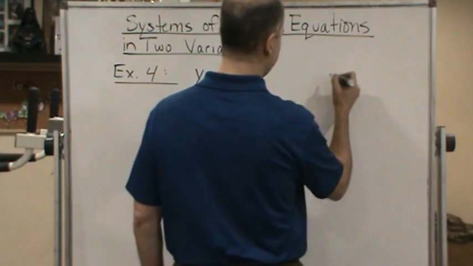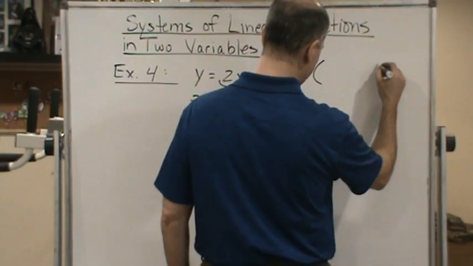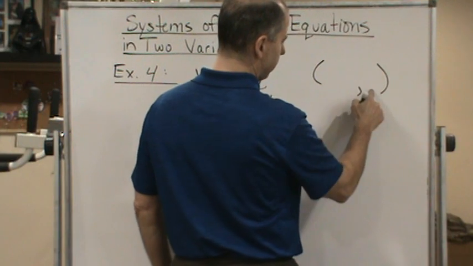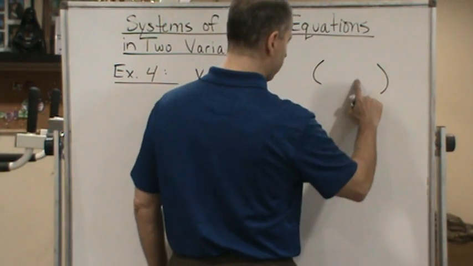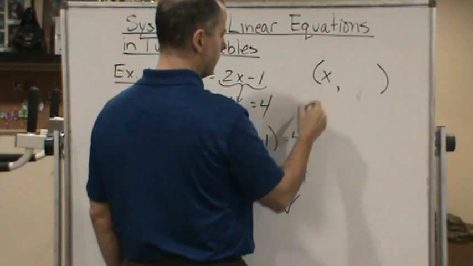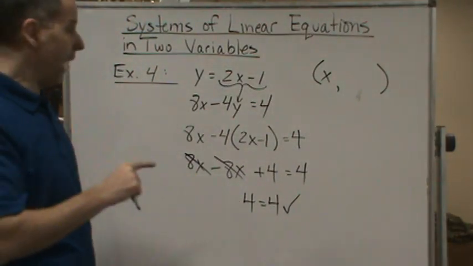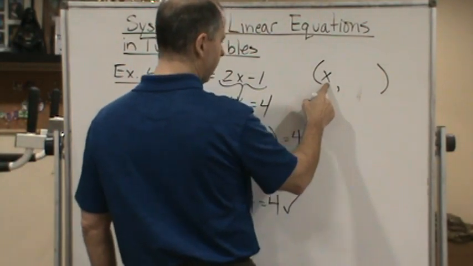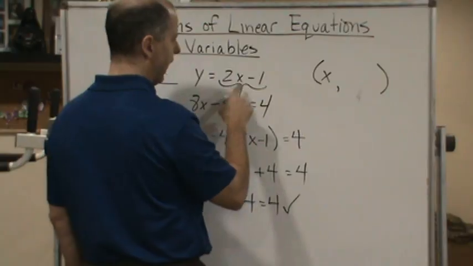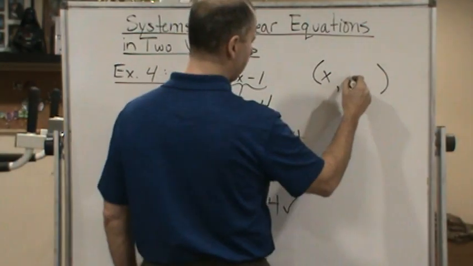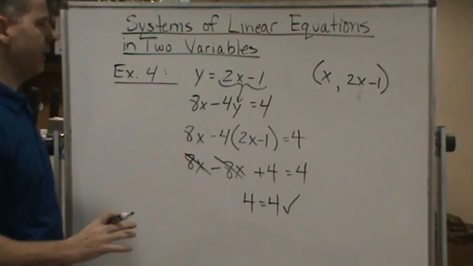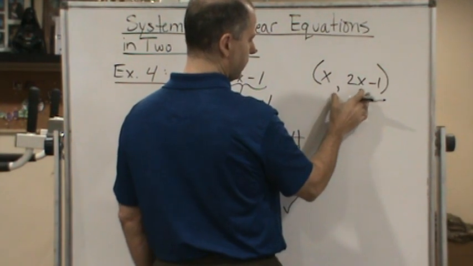So we'll write the point as an ordered pair where the x value can be whatever we want, so we'll just put x. But once we choose x, y is defined by this rule, so we use this rule as the other part of our ordered pair, and we write 2x minus 1. And now this is how we write the solution set.